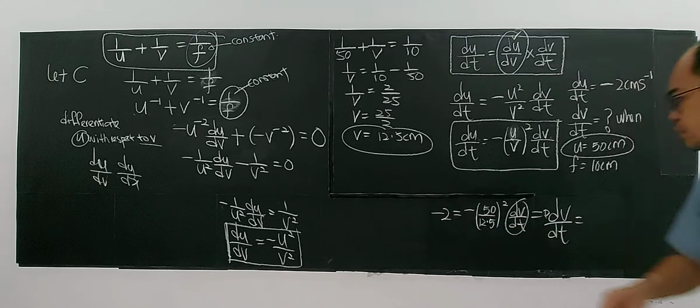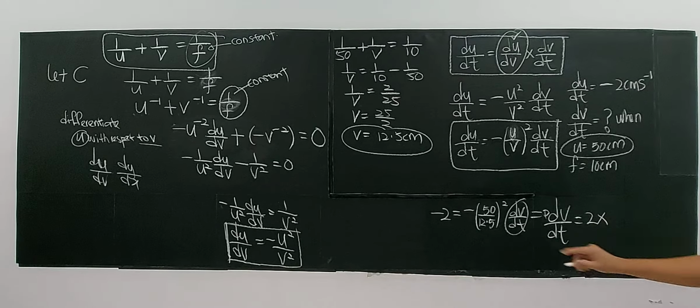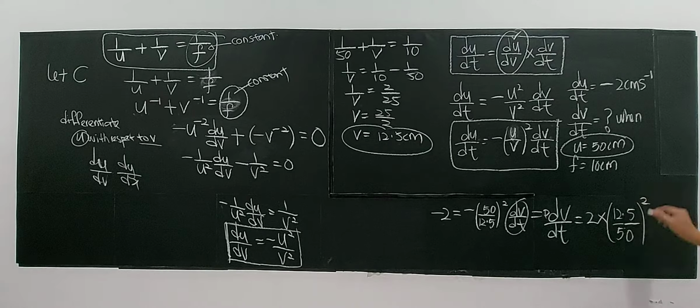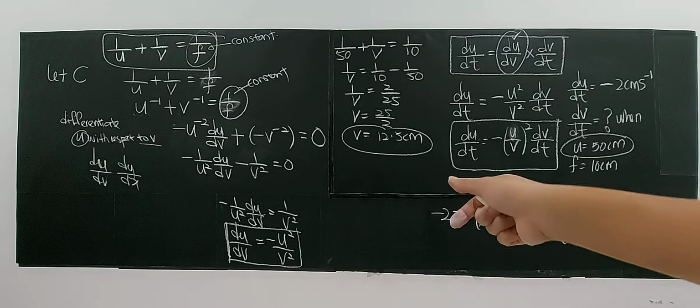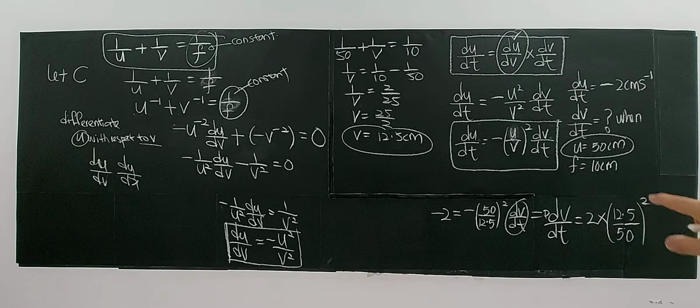negative, negative, positive, right? So it's 2 times 12.5 divided by 50 squared. So it's 2, negative, negative, positive 2, and this one goes there, becomes inverted, so becomes 12.5 over 50 squared.